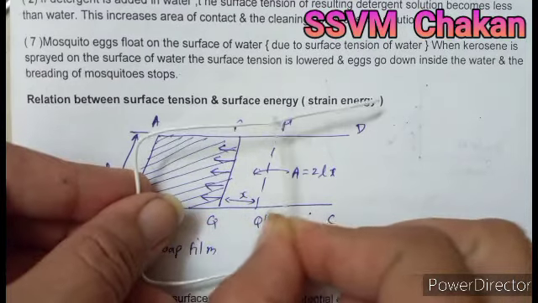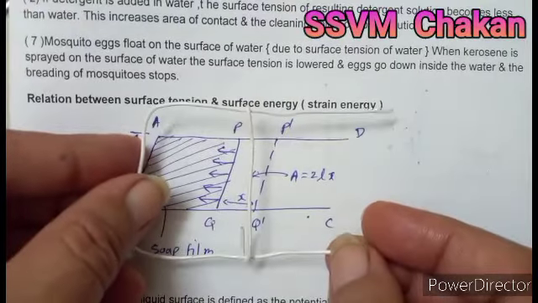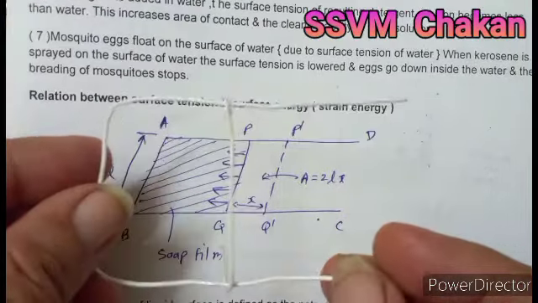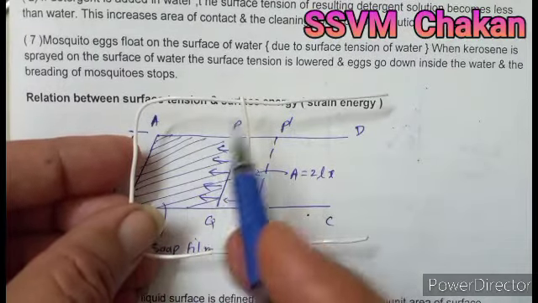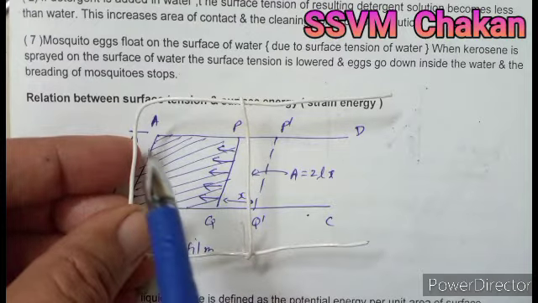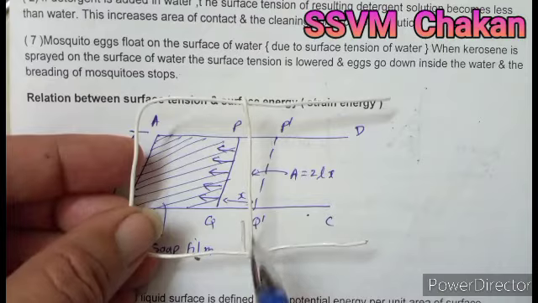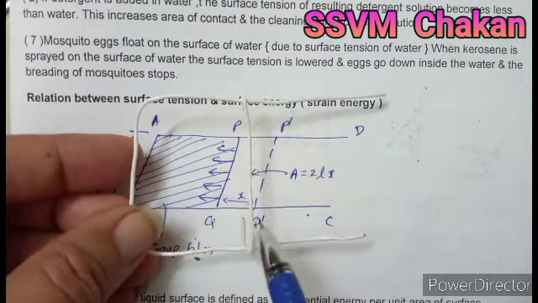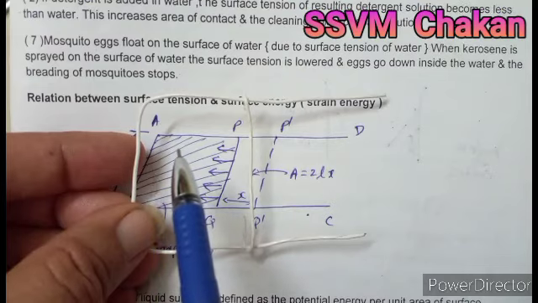Now we dip this rectangular frame into soap solution and take it out. Then we find that a film gets created over this rectangular frame. In between this A, B, P, Q, a soap film gets created.